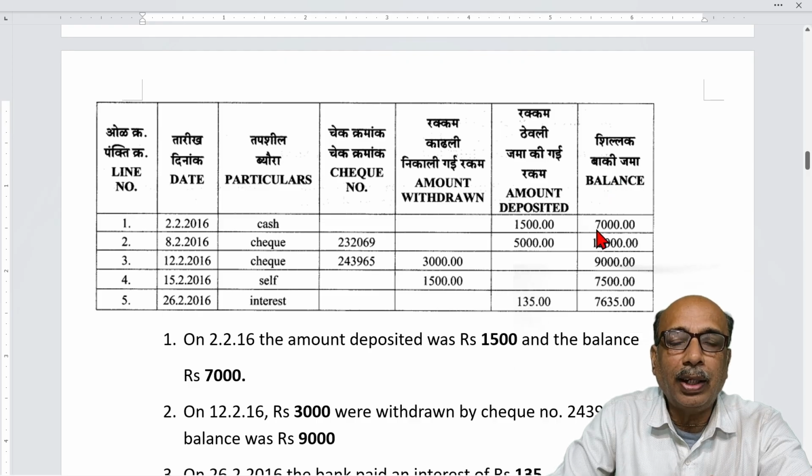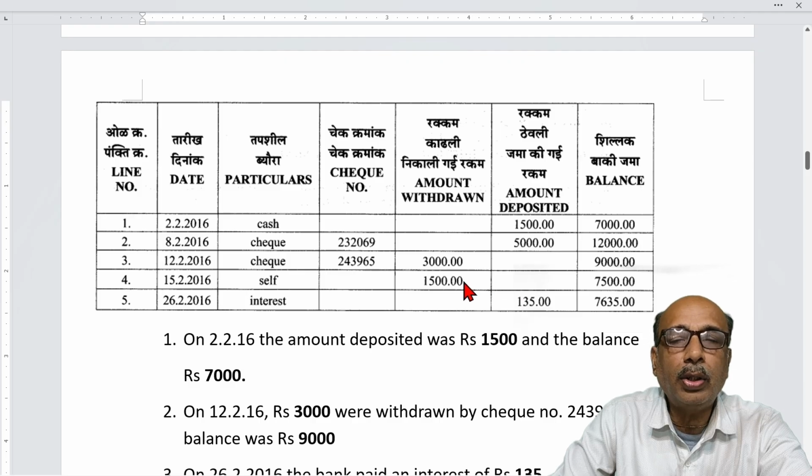Balance. Balance means when you deposited 1500, your balance became 7000. Again you deposited 5000, then it became 12,000. When you have withdrawn 3000 by check, so 12,000 minus 3000, 9,000.